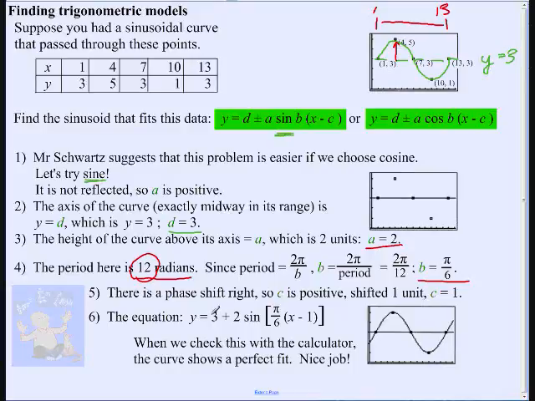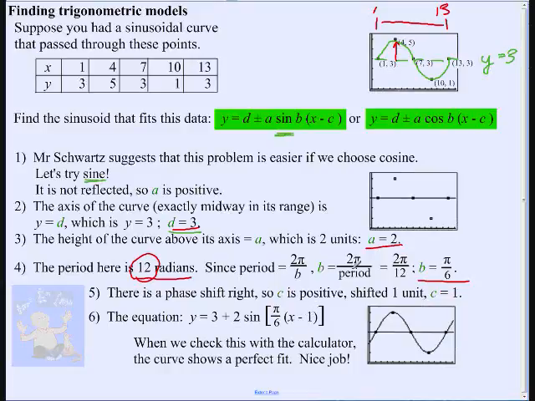So what do we end up with? Y equals 3, that's our vertical translation right here, plus 2, that's our amplitude, and it's not reflected, so it's positive 2. Sine, we put our frequency in here as a multiplier on our angle variable minus whatever we have for phase shift.